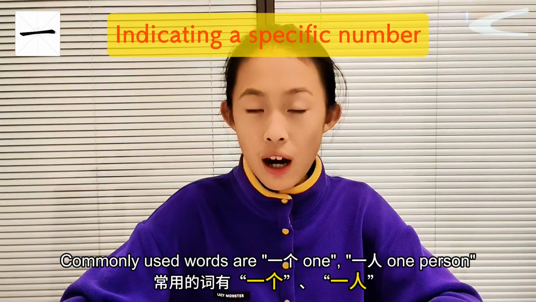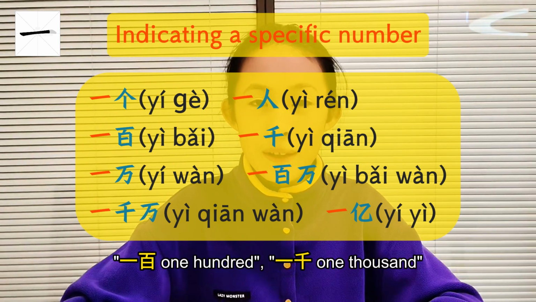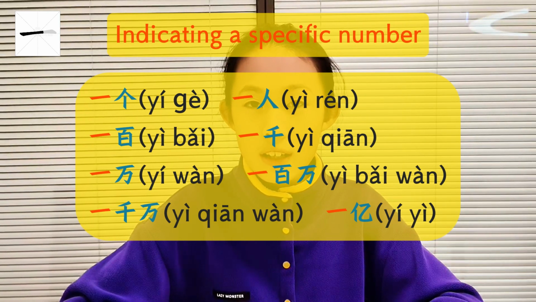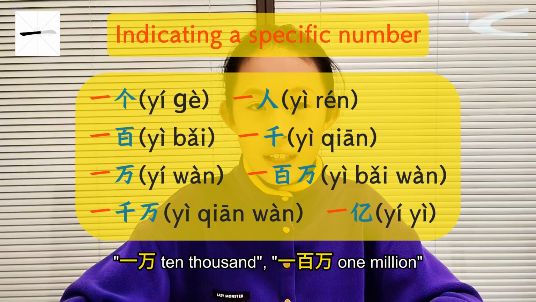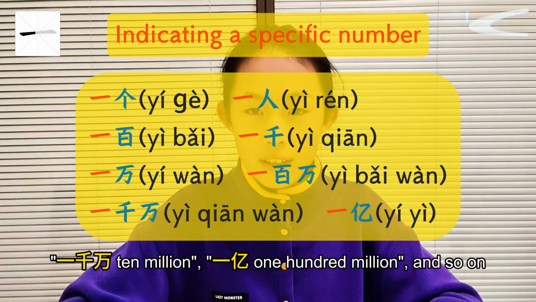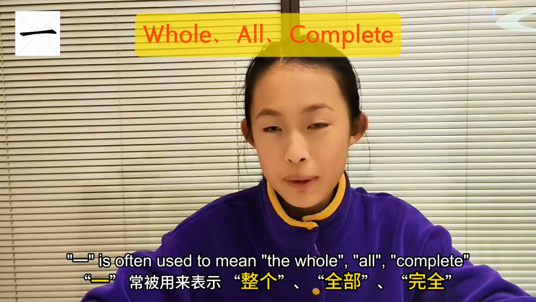Commonly used words are 一个 one, 一人 one person, 一百 100, 一千 1000, 一万 10,000, 一百万 1 million, 一千万 10 million, 一亿 100 million, and so on. 一 is often used to mean the whole, all, complete.